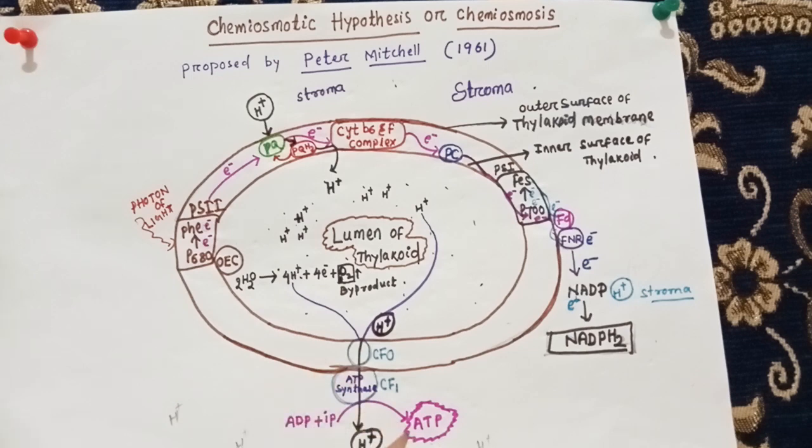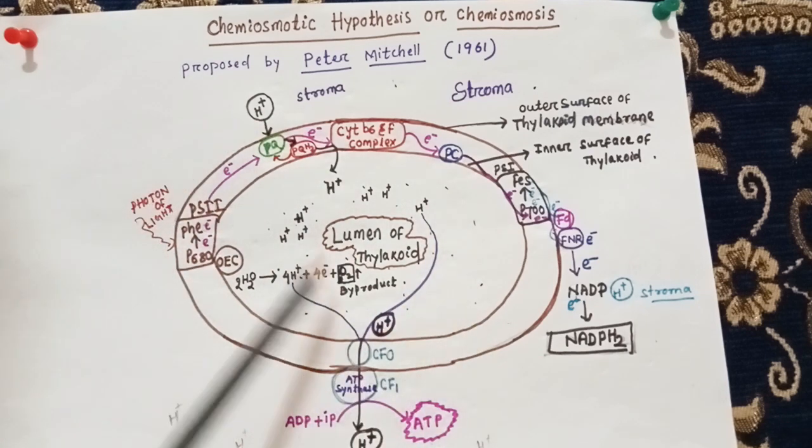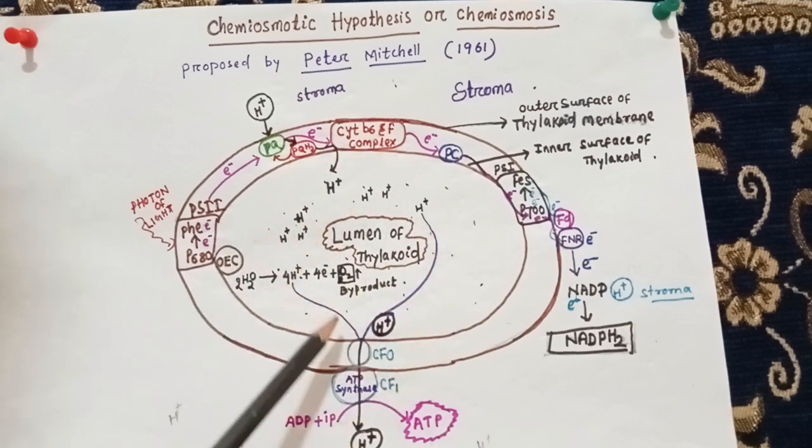And this results in the formation of ATP. Whenever conformational changes occur in the F1 particle, it leads to the binding of inorganic phosphate to ADP and makes ATP. And during this mechanism, the proton gradient is developed, and only then is ATP generated.